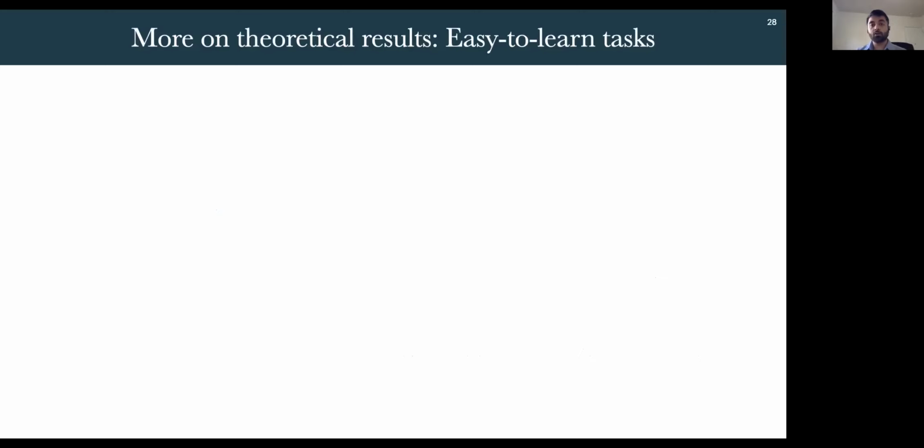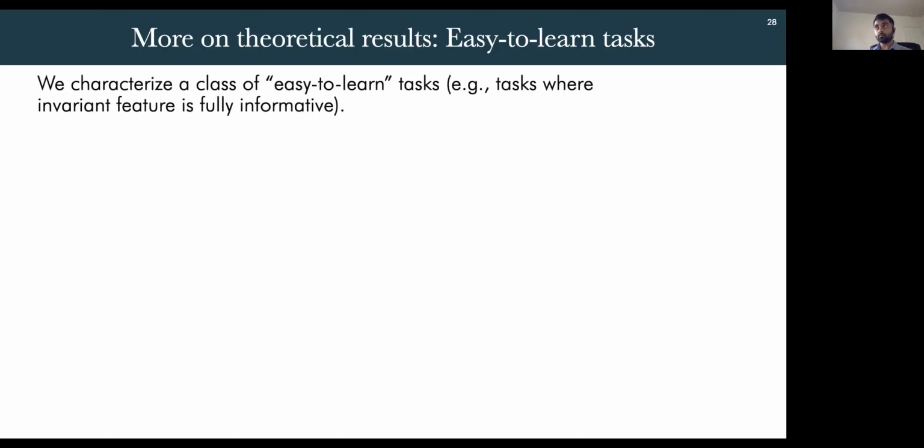So I want to quickly outline a particular theoretical aspect of our work, which is something that I have not discussed in the talk, but this is just going to be brief. We develop a theoretical framework of what we call easy-to-learn tasks.